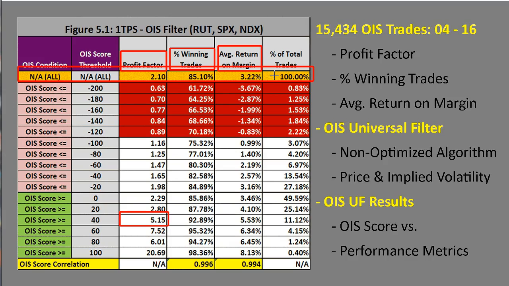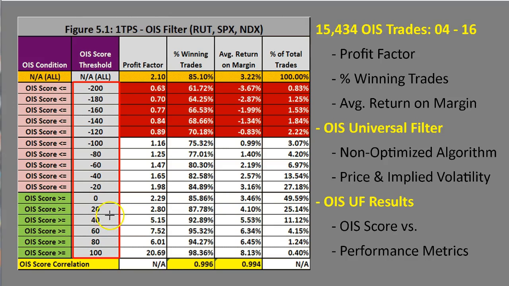The remaining rows represent the performance results for the OIS Universal Filter, which is a non-optimized proprietary algorithm based on both price and implied volatility. The OIS filter algorithm calculates the OIS score, which is then used to filter the OIS trades.